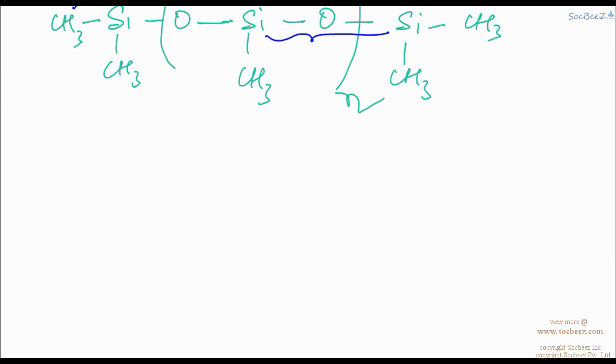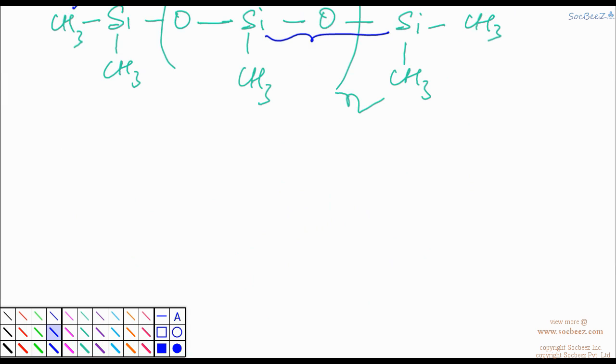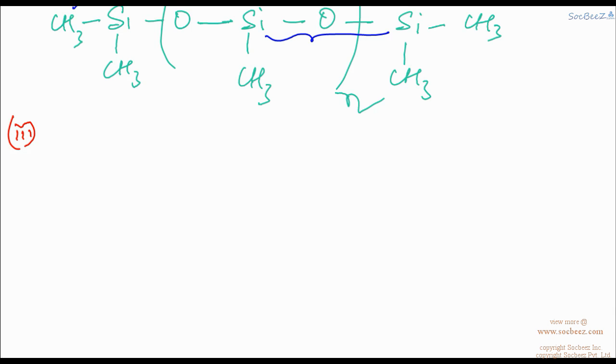Now you can also get a two-dimensional cross-linked polymer. The third type of structure of silicones would look something like this.